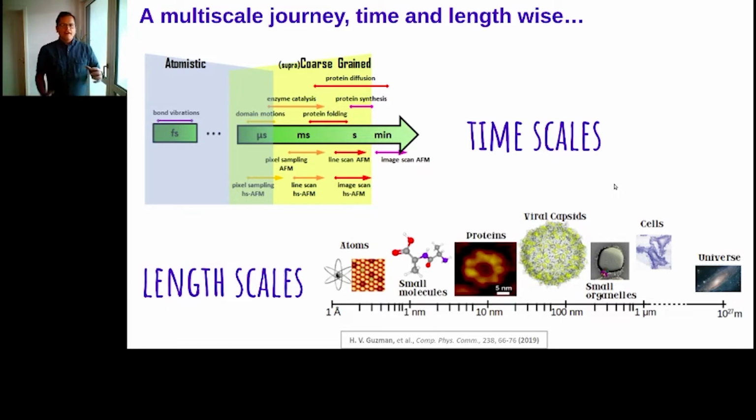In terms of length scales, viruses are between tens and hundreds of nanometers, although they are constituted by smaller particles like atoms and conglomerations of molecules as well.